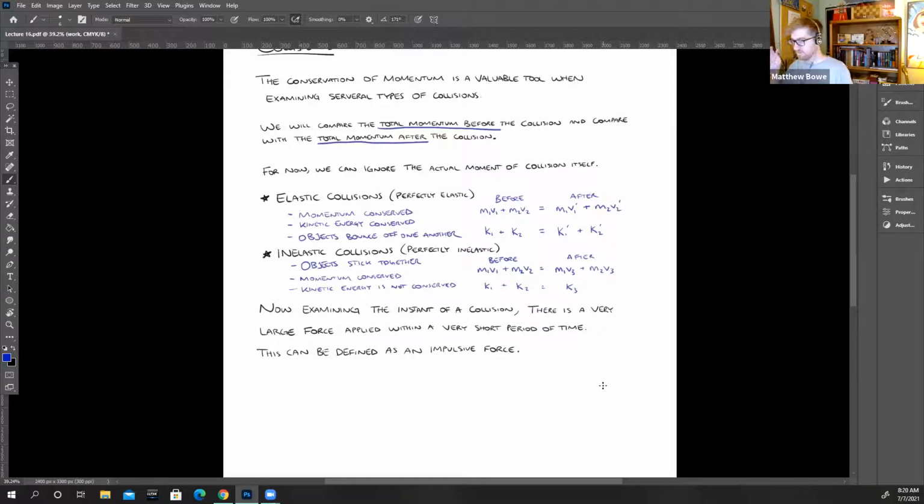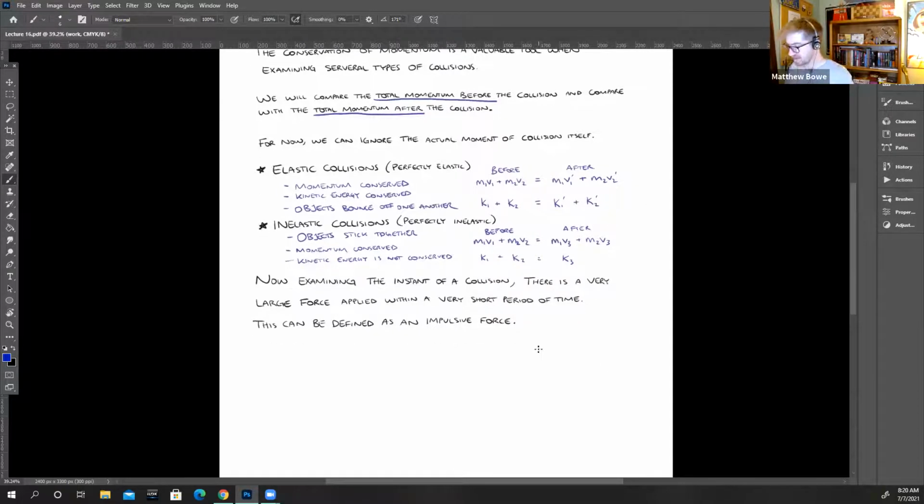Within a very short amount of time, there's this large force delivered. A baseball thrown at a baseball player is hit with a bat, and there's only a split second where the ball is in contact with the bat, but there is a large force delivered between the two, causing the baseball to fly several hundred feet in the opposite direction.